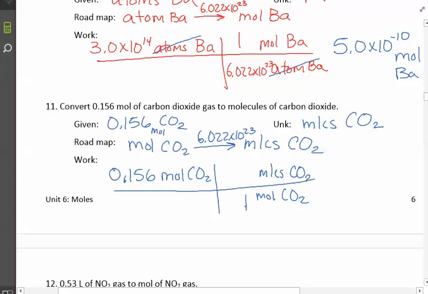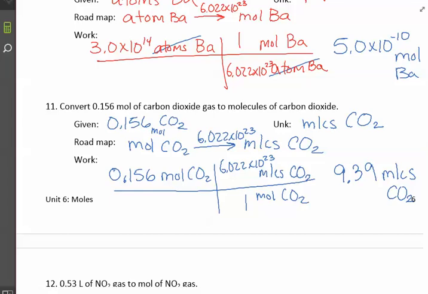So 1 mole of CO2 is equal to 6.022 times 10 to the 23rd molecules. So now in this problem we're going to multiply them together. So we're going to put 0.156 times 6.022 times 10 to the 23rd, which should give you 9.39 molecules of CO2.